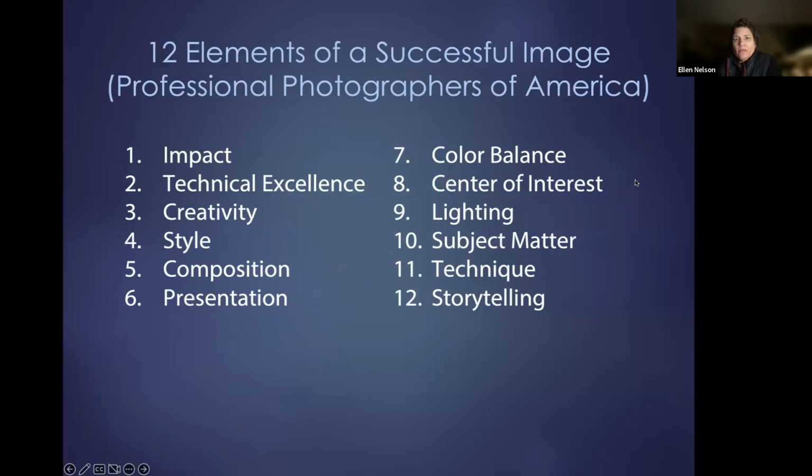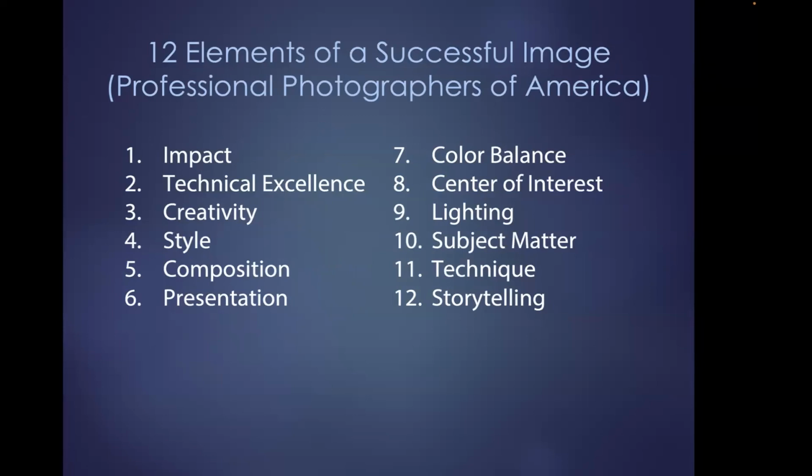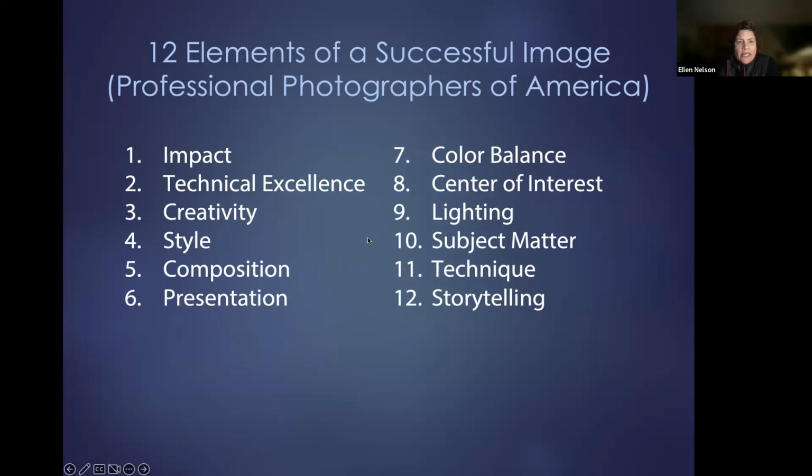Okay, so what we want is a successful image. And with the successful image, according to Professional Photographers of America, they have 12 elements, including impact, technical excellence, because if the photo is not in focus or something, then it's obviously not going to usually be a very good photo, and your creativity, style, composition, presentation.